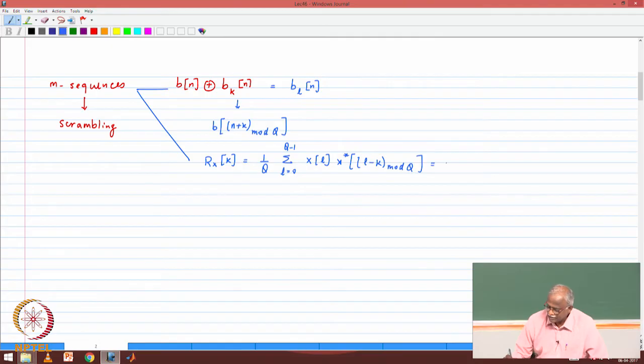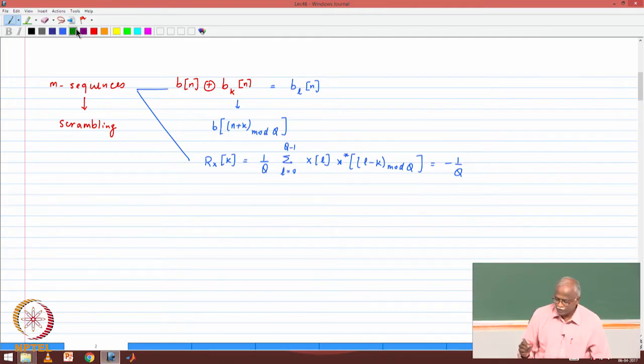We showed that this is minus 1 by q using the shift property. These are linked and useful for us to remember because this property comes into play in several places.